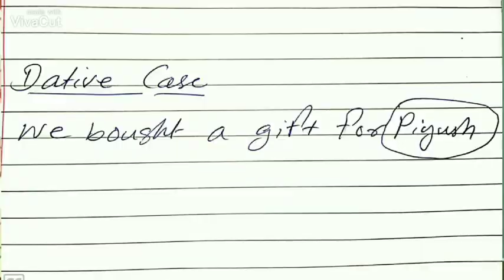I have already told you, we can use a direct object and an indirect object in a sentence. When we use a noun as a direct object, it is called an objective case. When we use a noun as the indirect object of a sentence, it is called a dative case.